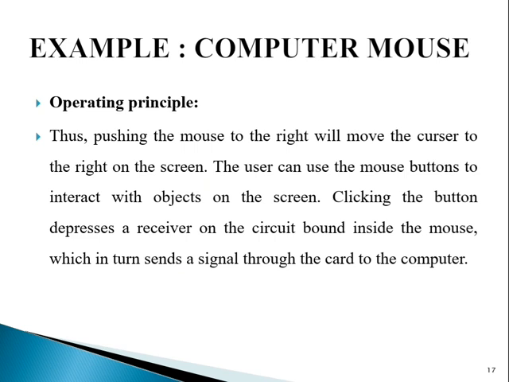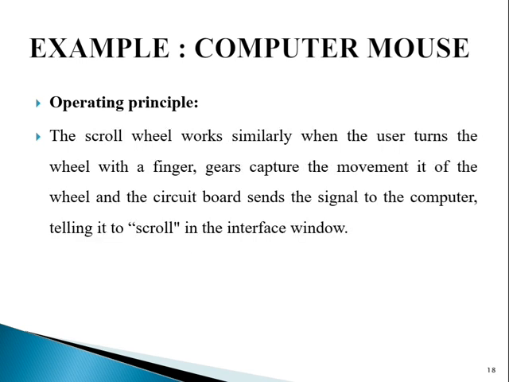The user can use mouse buttons to interact with objects on the screen. Clicking the button depresses a receiver on the circuit board inside the mouse, which in turn sends a signal through the cord to the computer.